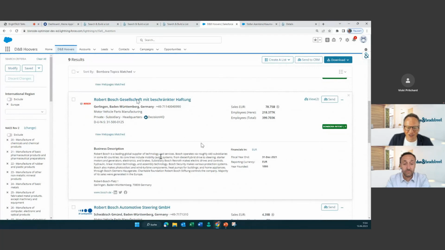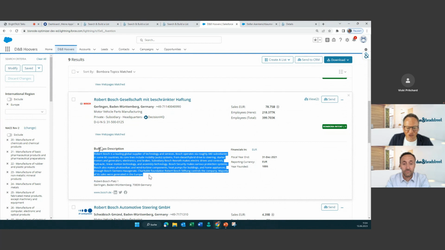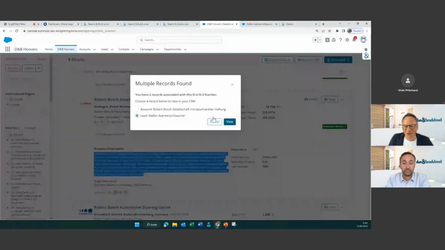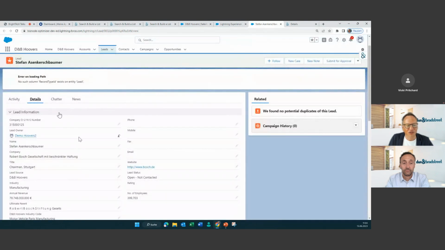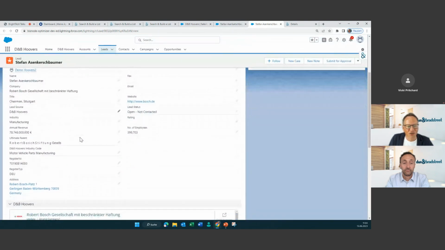If I'm in sales, I get a result list and I get a really good description of what the company is doing, the main criteria for segmentation and for reporting, how many employees, how much sales. So then I can view what I already got in my system, and now look what's happening if it's integrated.